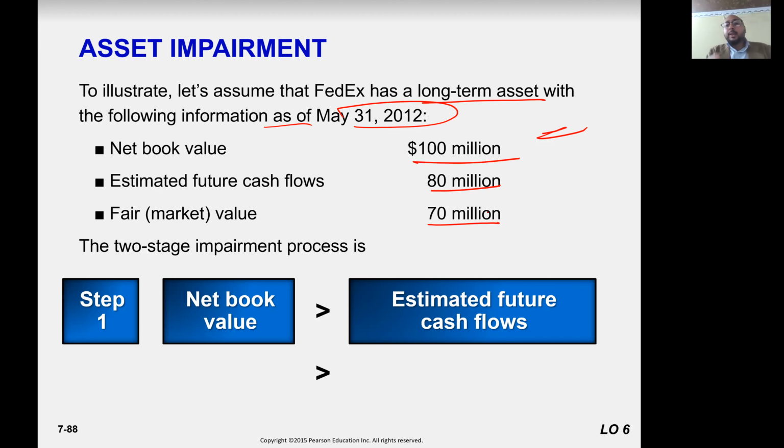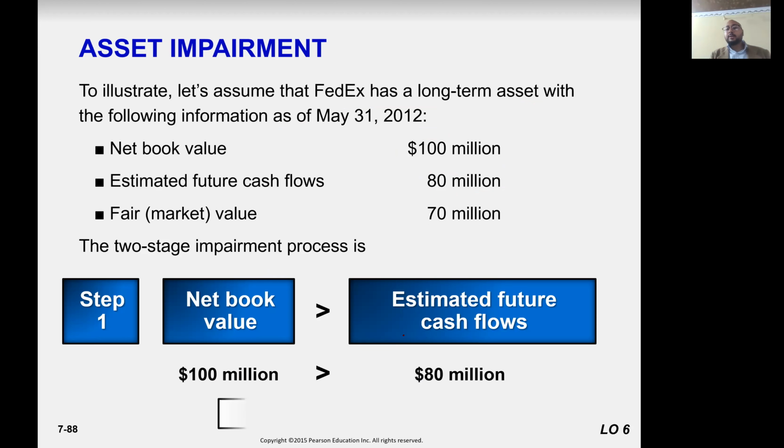So our net book value is 100 million. In future this 100 million is going to give us only revenue of 80 million. What is our first test? The book value must be greater than estimated cash flow. So 100 million is greater than 80 million. Our first condition is satisfied.